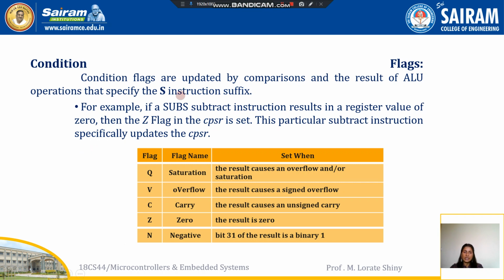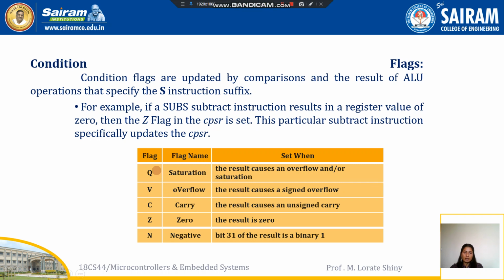For example, SUBS, subtract with S, this is the suffix. Whenever we find this suffix in an instruction, after the execution of that instruction, it will update the condition flags in the condition field. For example, if the result of this subtract instruction is 0, then the zero flag will be set in the condition field.